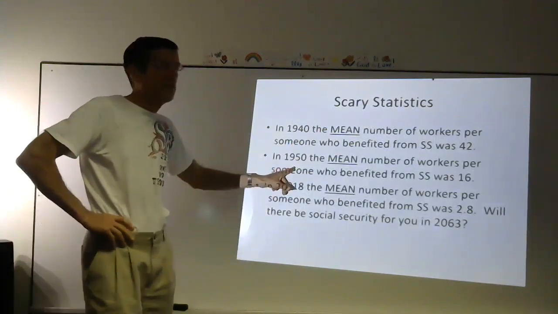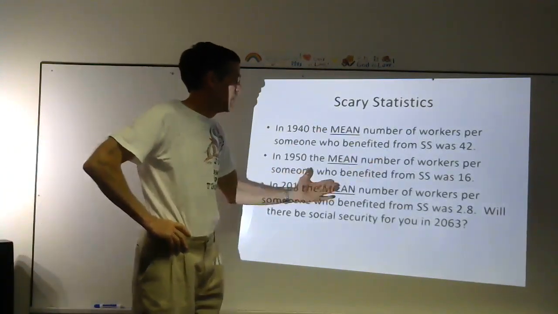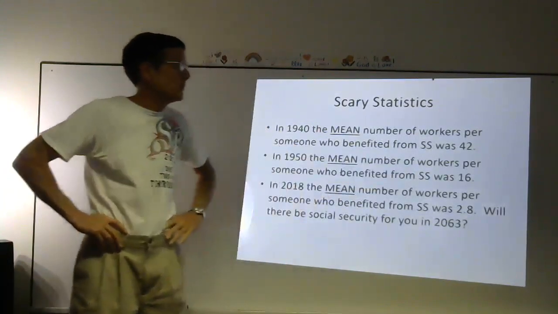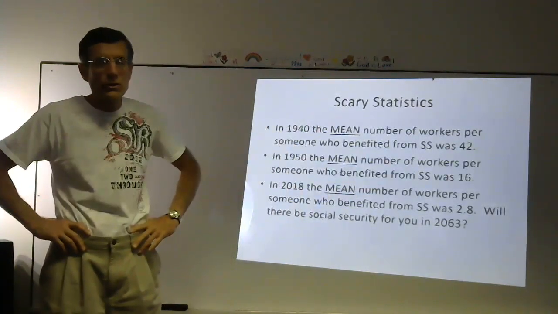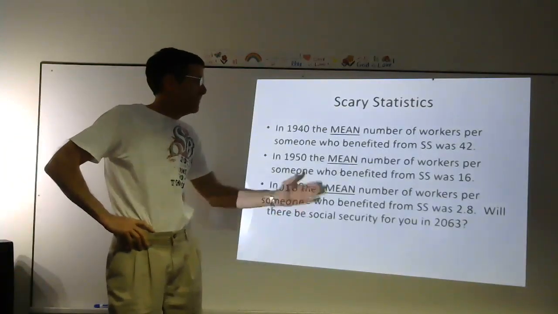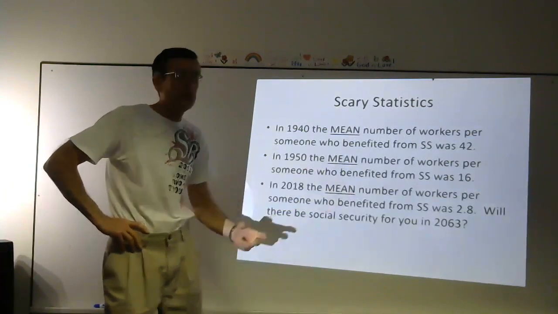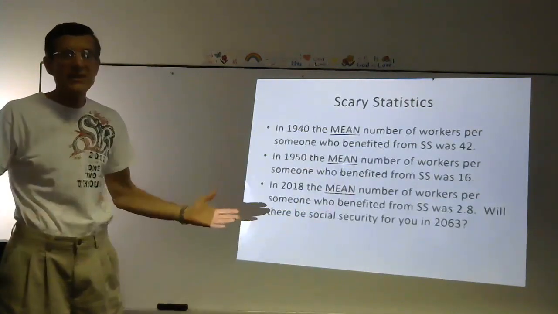In 1950, the mean number of workers for every person who benefited from Social Security was 16 workers. In 2018, it was 2.8 workers.